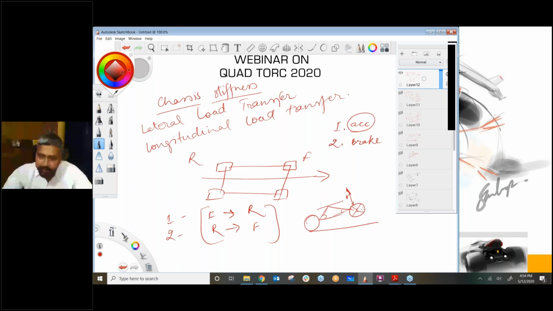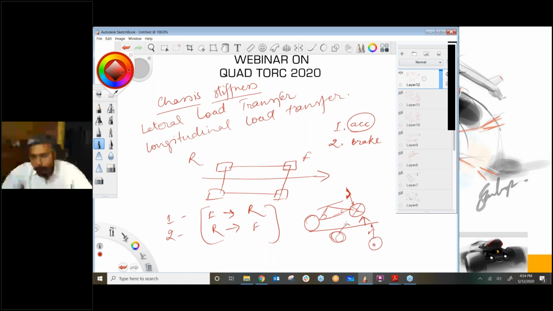This part is for the driver's seat, this part for the fuel tank, this for the engine, this for wishbones, front wishbones, or maybe this can be straight also, that depends on your design of the suspension and arms.